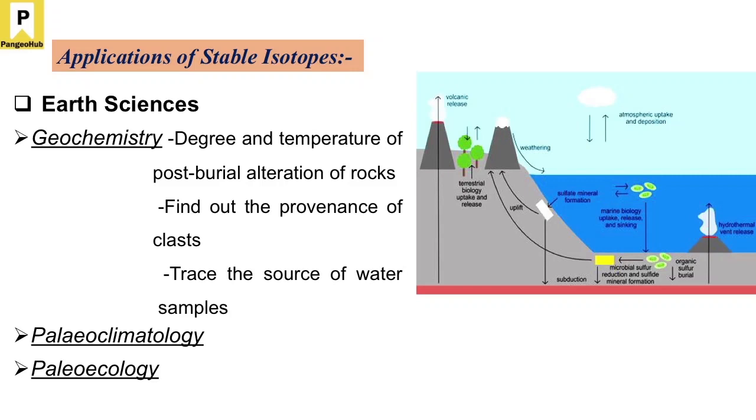Fourth, the elements exist in more than one oxidation state. For example, carbon, nitrogen, and sulfur form a wide variety of compounds, or they are important constituents of naturally occurring solids or fluids. For example, H2O, water, consists of hydrogen and oxygen, both of which have very good stable isotopes.